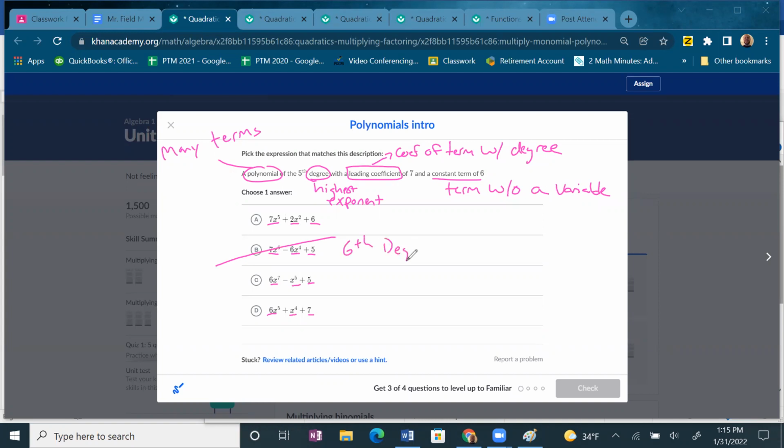Sorry, you gotta go. This is a seventh degree. Okay, so these two are fifth degrees, A and D. Now, which one has a leading coefficient of 7? It would have to be this, because it's 7. And then the 6 is a constant term, and it all works out, doesn't it?